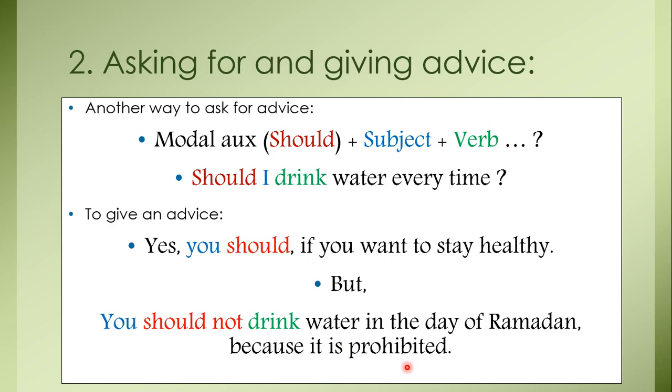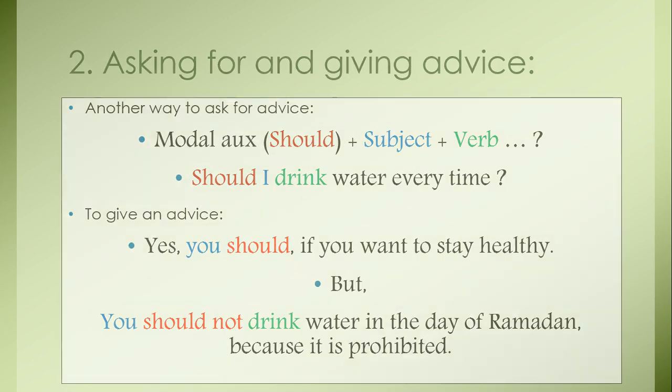Prohibited means it is not allowed. It is not allowed for us to drink or to eat in the day of Ramadan, because Allah, the Almighty God, has prohibited us from drinking or eating.